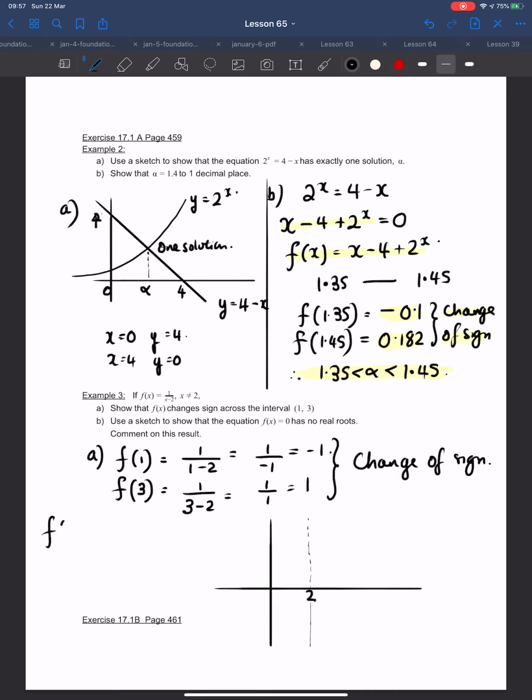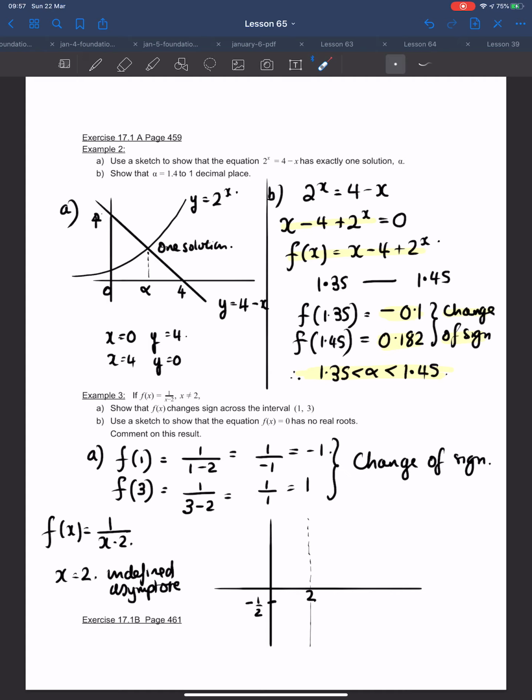If we've got f of x is 1 over x minus 2, if you've got x equals 2, it's undefined because that would lead to division by 0. So that's why we get the asymptote there. And so when x equals 0, y is minus a half. Because if we put 0 in there, it's 1 over minus 2, which is minus a half.